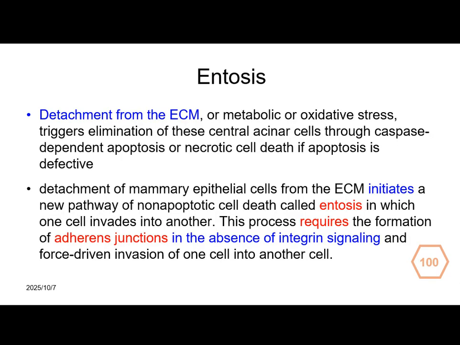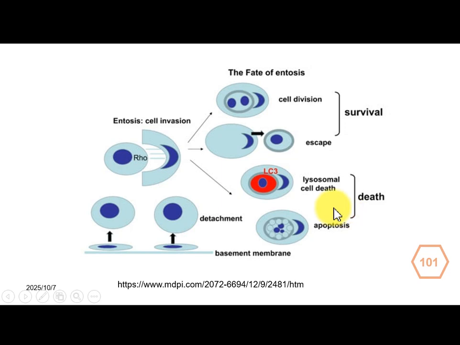So anoikis is also detachment from the ECM, and by all these mechanisms the detachment will initiate the cell death process. One of them is apoptosis. So anoikis or apoptosis refers to the death of luminal cells, and they could either survive or die.